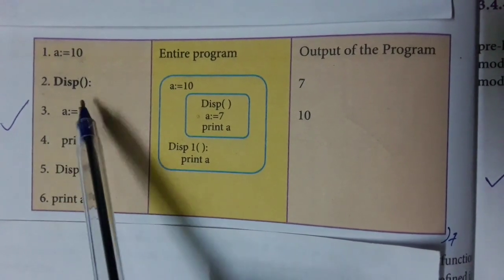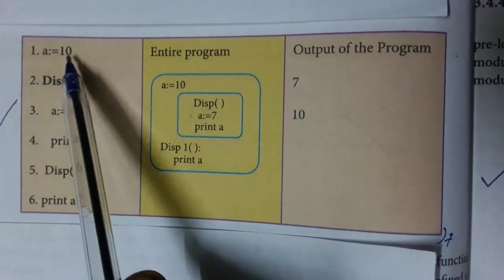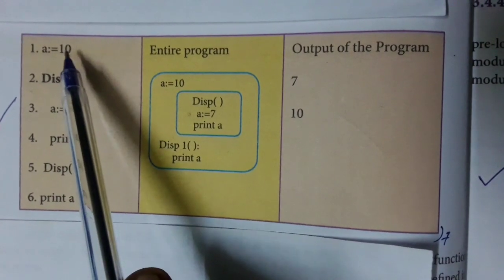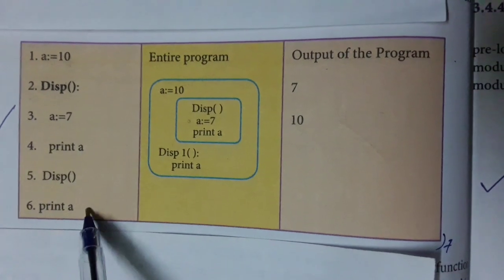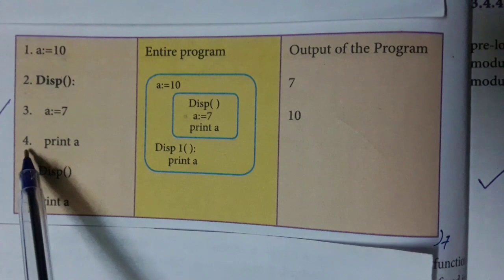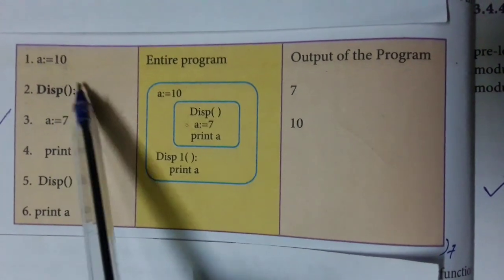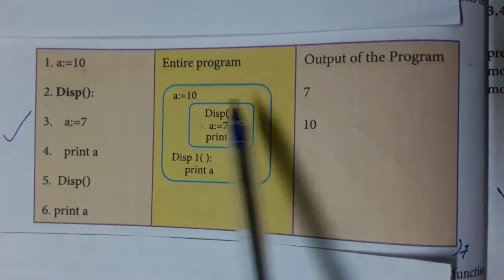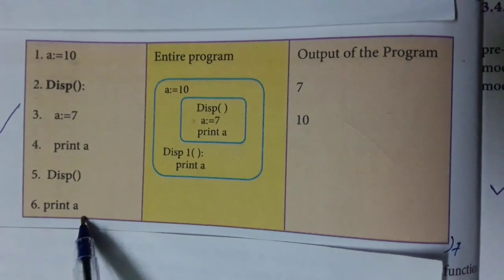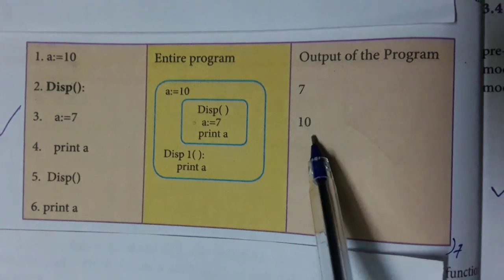So this variable will work only inside the function, that is local scope, and A is the variable which is declared outside, which can be accessed throughout the program. Now in the case of output, the print statement inside the function will display the answer as 7. Then the global variable will be displayed as 10. So the output will be 7, 10.